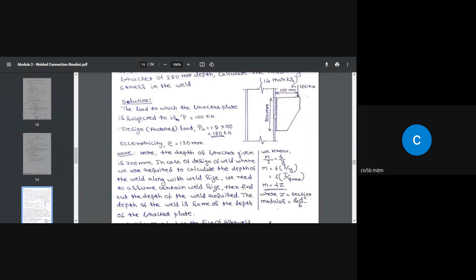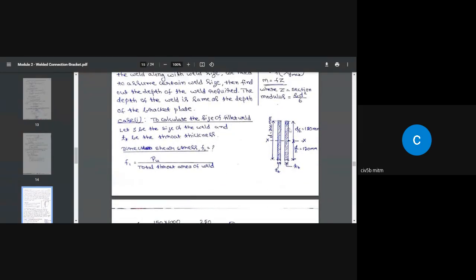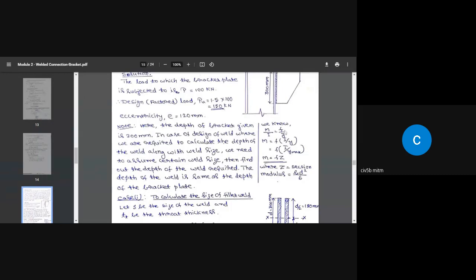So whatever name we give, whether tension, compression, shear, etc., finally we'll end up dealing with two forces. One is the horizontal force pulling the weld in this way, and the other is the shear force or shear stress acting downwards like this. Coming to this, as I said, we are going to make use of this formula.